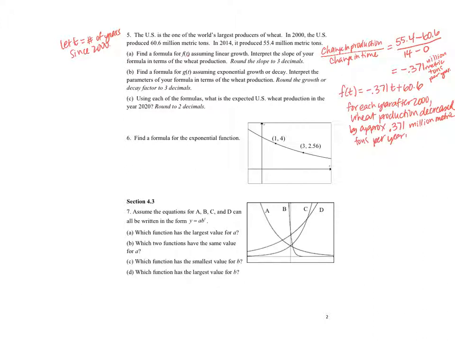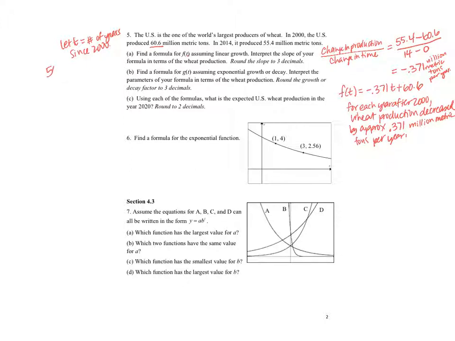Okay, on part B, it says find a formula for g of t assuming exponential growth or decay. Interpret the parameters of your formula in terms of wheat production. Okay, and so what I can do here is I know that my initial value is 60.6, and then if I divide 55.4 divided by 60.6, I'll get my 14-year decay factor.